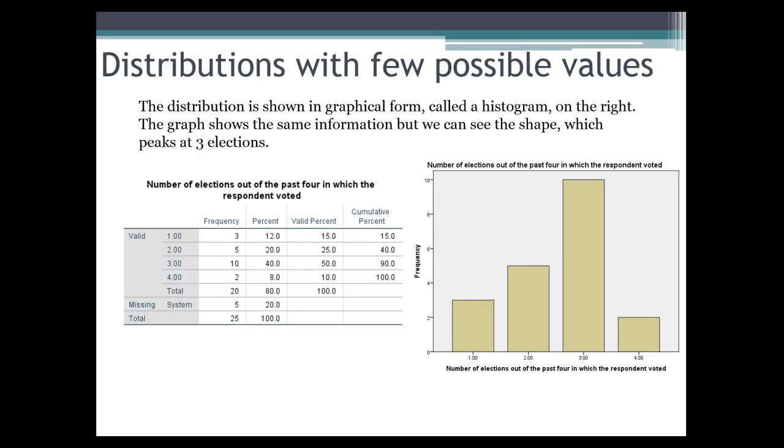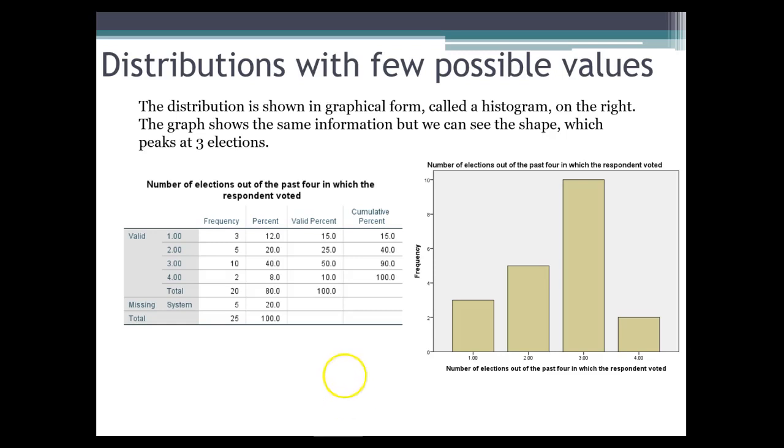All right, so that's what our output looked like. And let's talk about this a little bit. Let's see, what does this tell us? This is the kind of thing you're going to talk about when I ask you on your homework what it tells us.